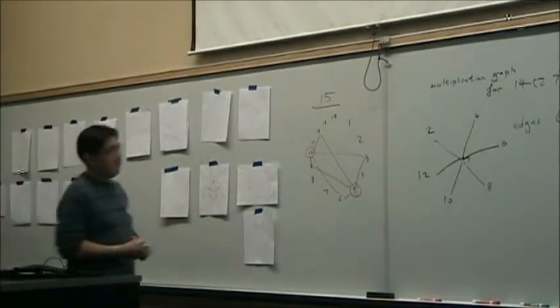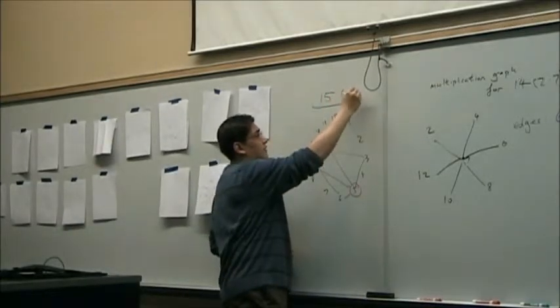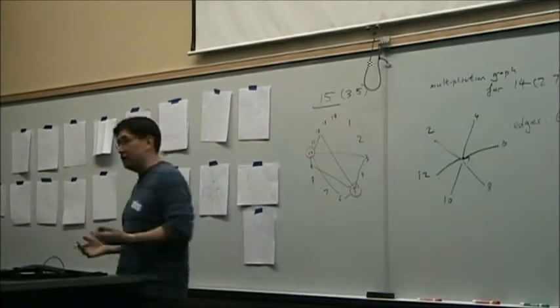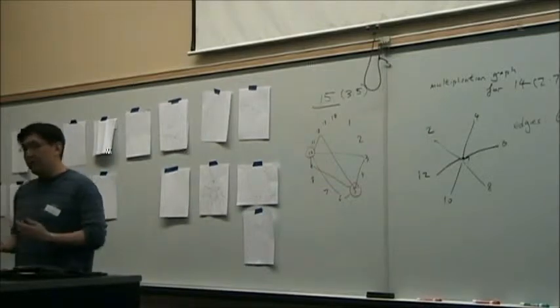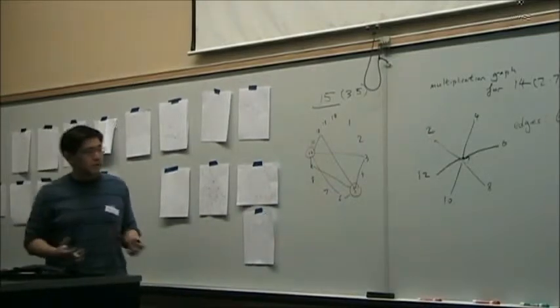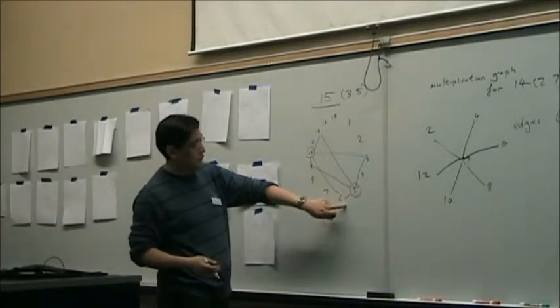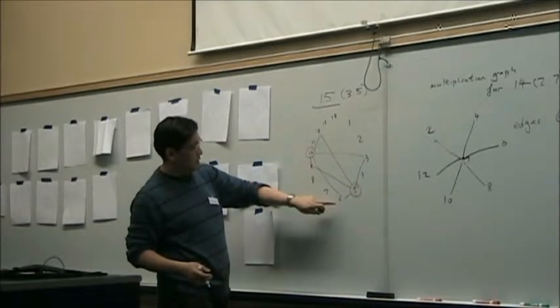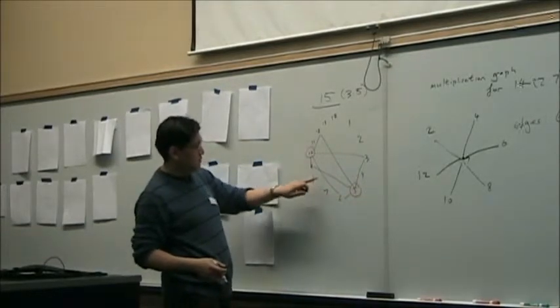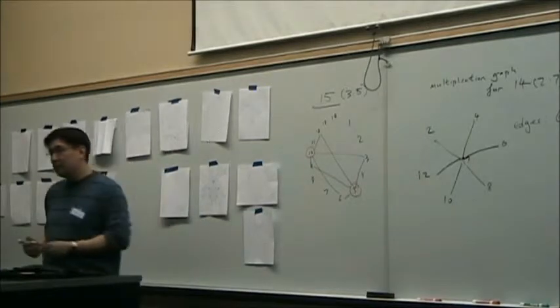In this case, this graph is a graph of 3 times 5. The previous suggestion was let's just look at what P is connected to. So in this case, 5 is connected to 3, 6, 9, and 12.